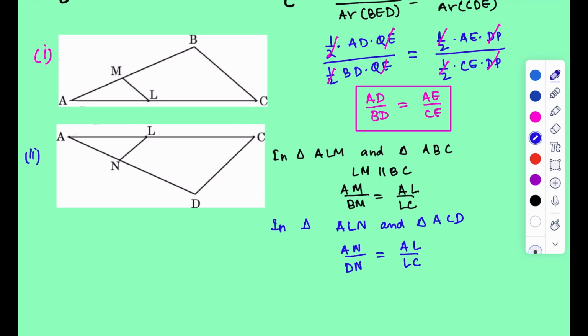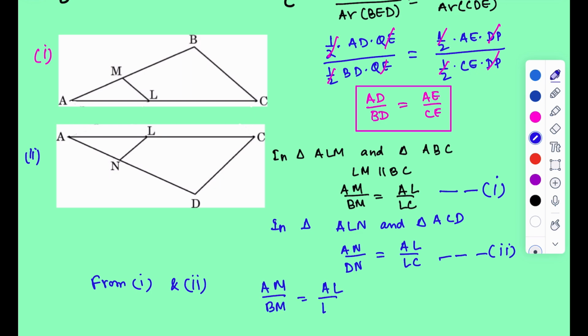Same thing, LC. Now, this is equation 1, this is equation 2. From equation 1 and equation 2, we get AL by LC is equal to AM by BM, and it is also equal to AN by DN.